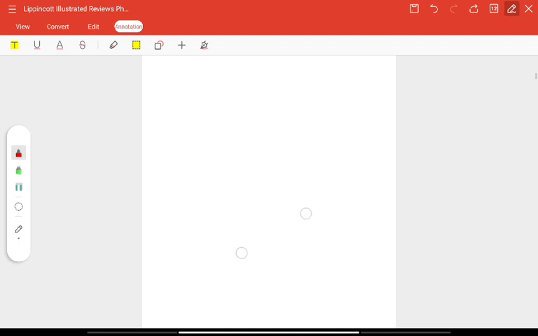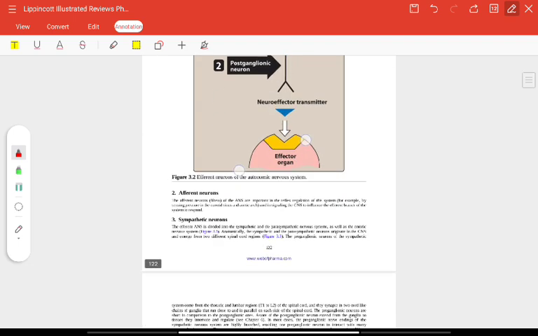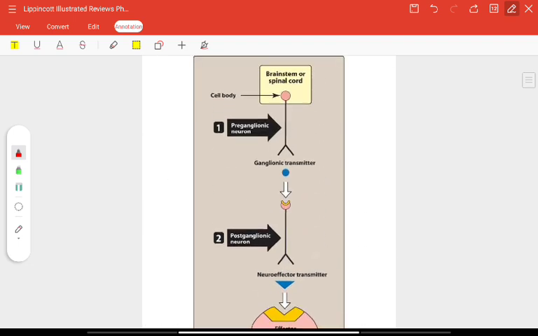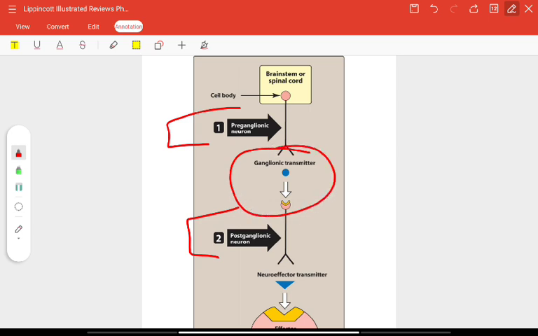Now we'll have a look at the functional division, a little bit of anatomy. We'll have a better look here. Now there are two: a preganglionic neuron and a postganglionic neuron. This is the ganglionic part, this is presynaptic, and this is postsynaptic.